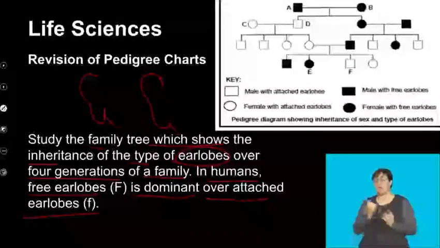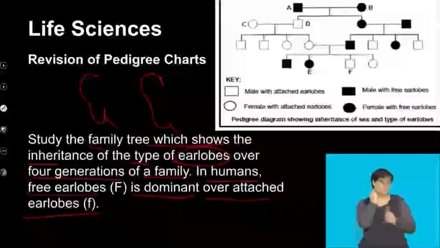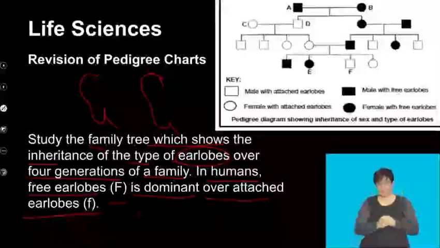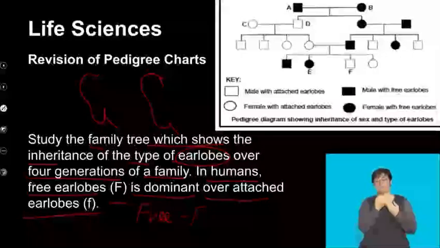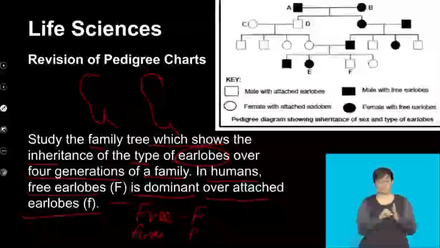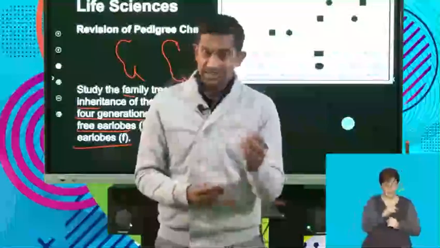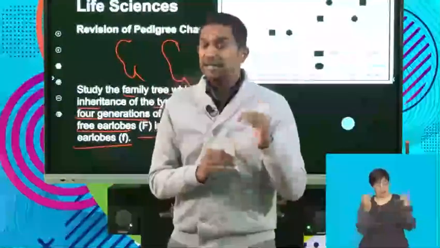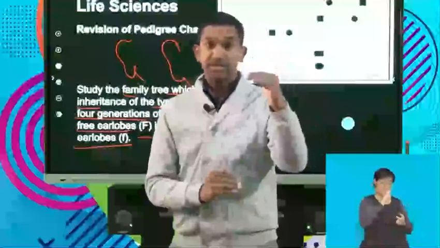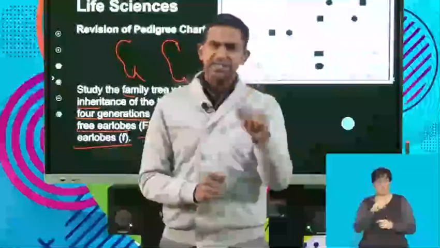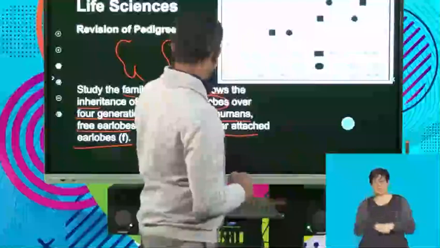So again, here we're looking at fused earlobes and free earlobes, noticing that the dominant is the free, so we say that capital F is for free, and the fused in this case would be the small f. And guys, again, it is important that if you are used to writing your alphabets, the capitals and the small letters similar, try and differentiate them clearly by indicating larger meaning dominant alphabets and smaller alphabets meaning the recessive alphabet, especially with letters like S, where some of us tend to write our S's similar.